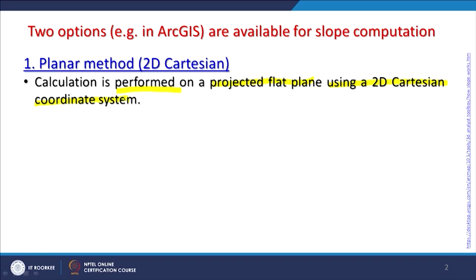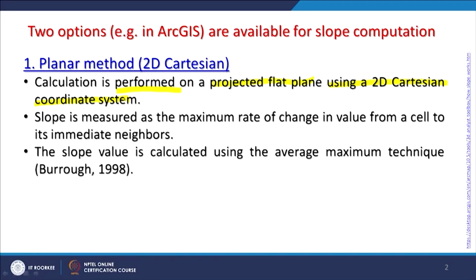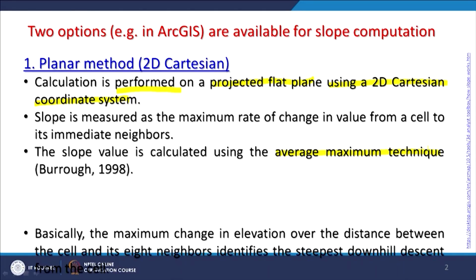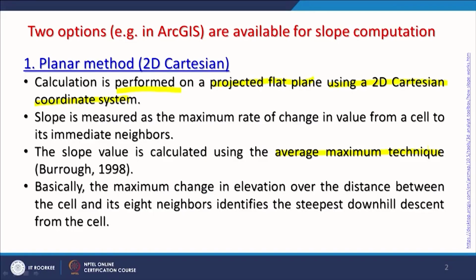Slope is the maximum rate of change in values, and the slope value is calculated by the average maximum technique, which is the maximum change in elevation over the distance between the cell and its 8 neighbors. So, that means we are talking about a 3 by 3 matrix or kernel, which identifies the steepest downhill descent from the cell. It is a neighborhood analysis basically.